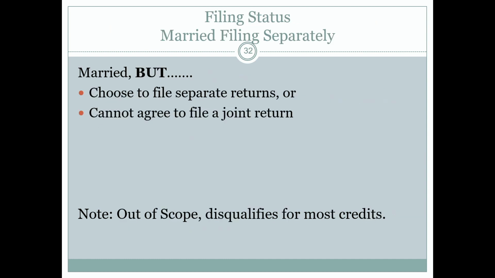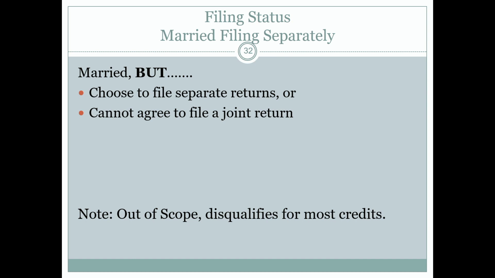The next status that we will talk about is married filing separately. This is a person who is married, but they choose to file a separate return, or they cannot agree to file a joint return. This one is out of scope for us.